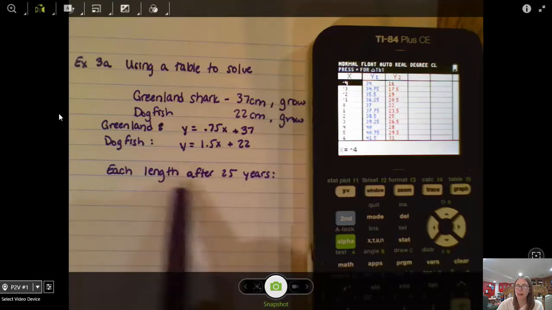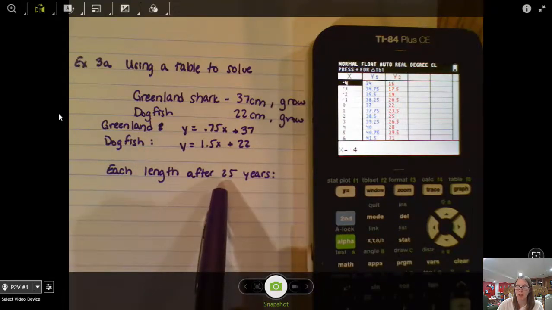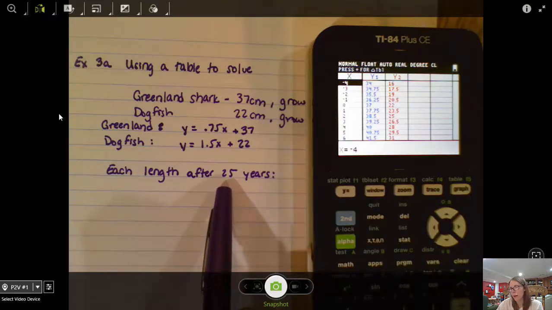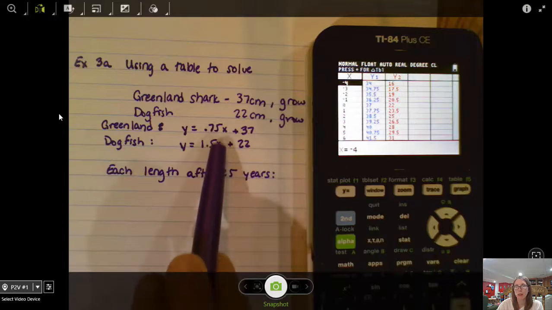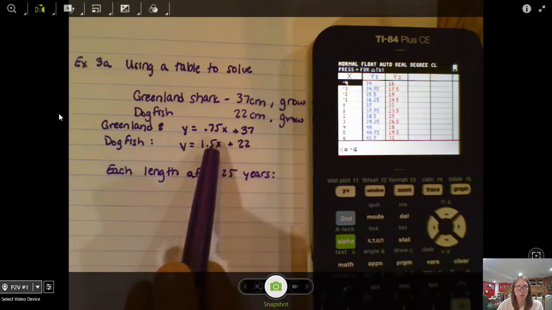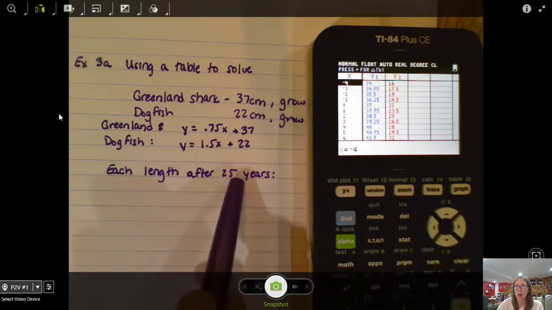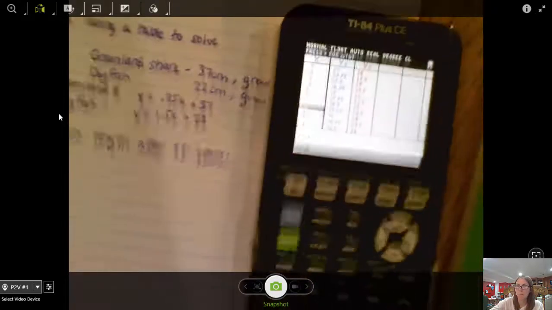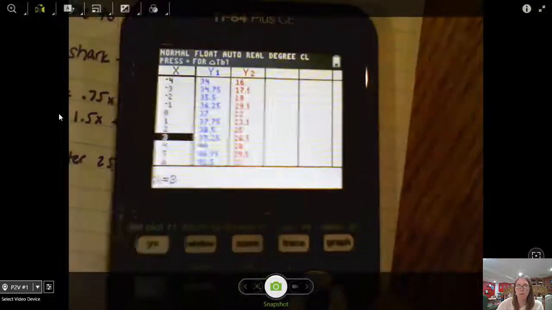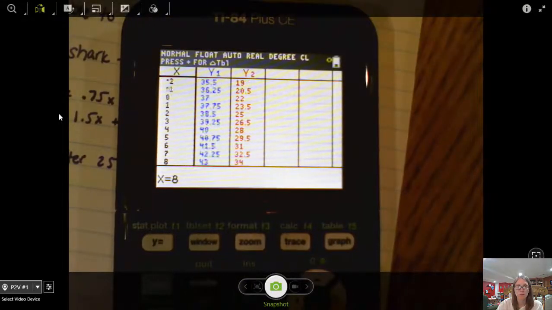Well, I'm trying to figure out each shark's length after 25 years. Is 25 my x value or my y value? Remember our growth rate was per year, so x is our time. It's our years. So we're looking for when our x value is 25. So we have to scroll down a little ways. Keep going. Here we go.